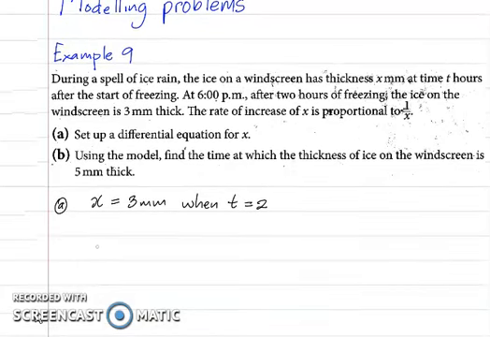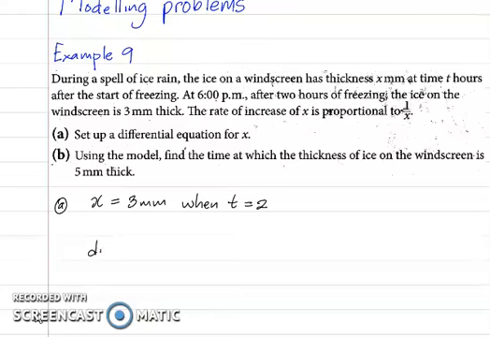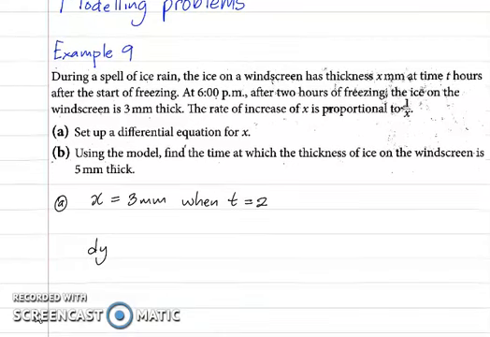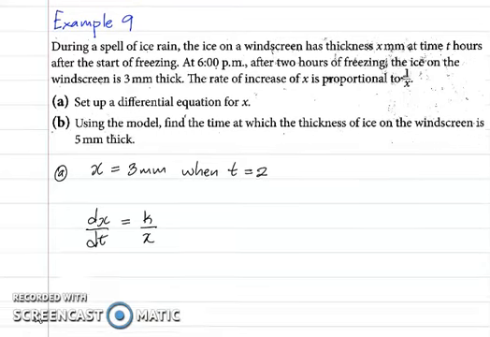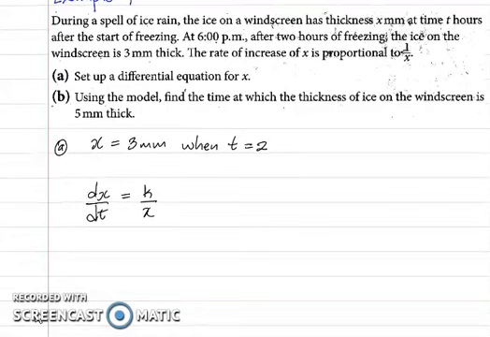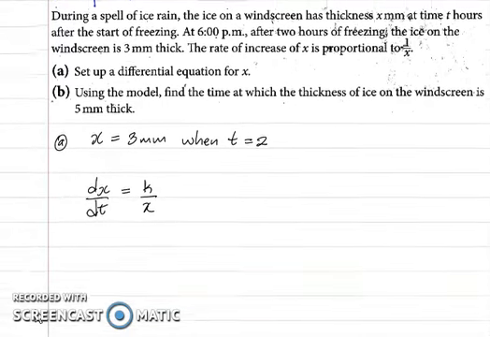So dx by dt is proportional to 1 over x. Now, proportional to 1 over x is another way of saying it's equal to k over x. All right, so part A is asking us to set up a differential equation, which we have.